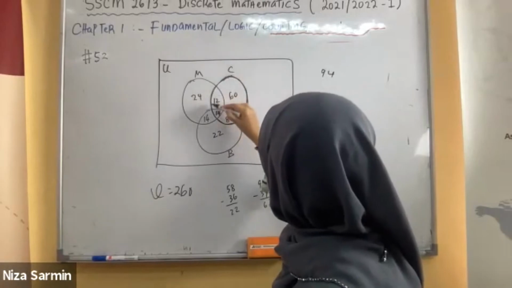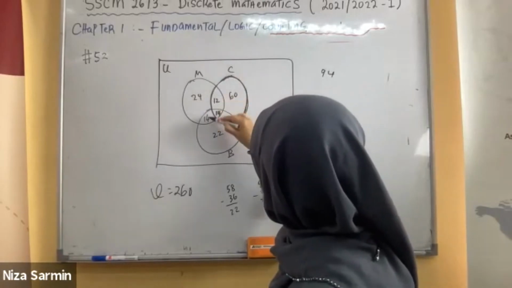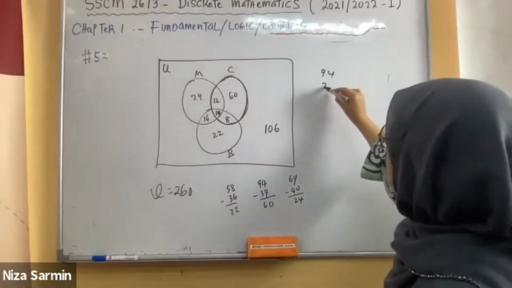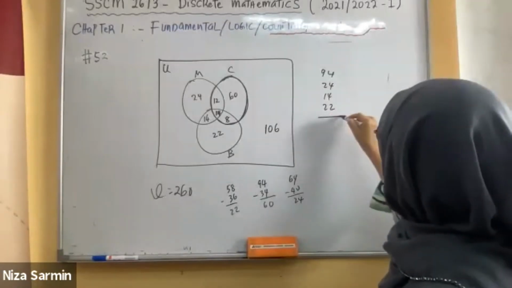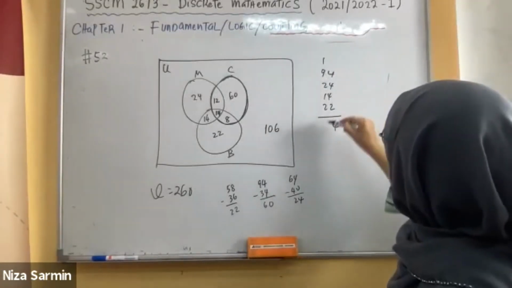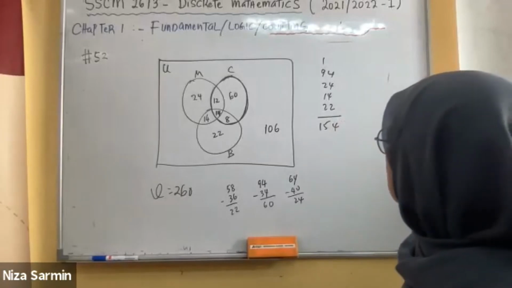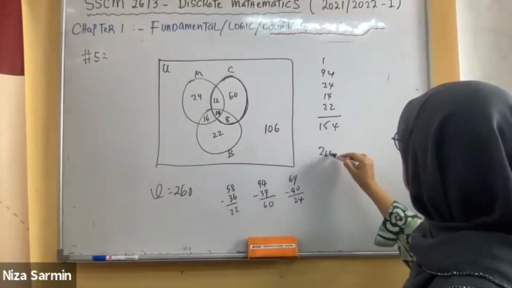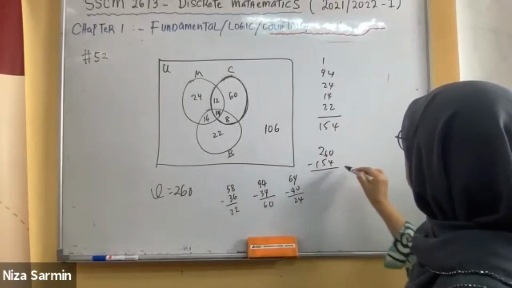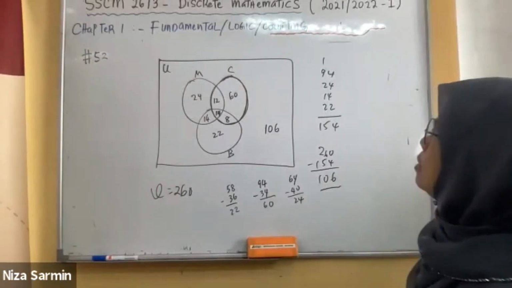Right? And then I just add the rest: 24, 14, 22. How do you get that? So 260 minus 154.